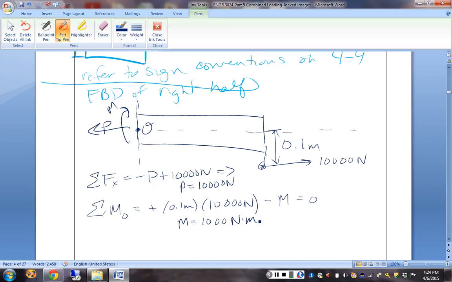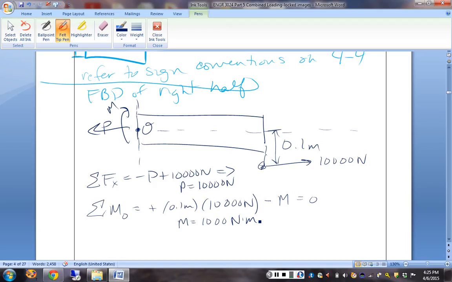But according to our sign convention, the way I have that drawn is a positive bending moment, because it's that right-hand face, which means it causes a concave up or smiley beam shape.